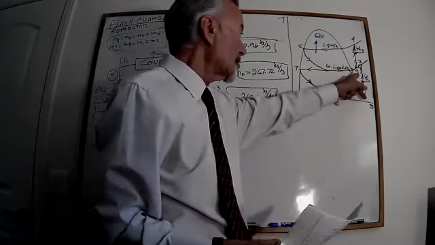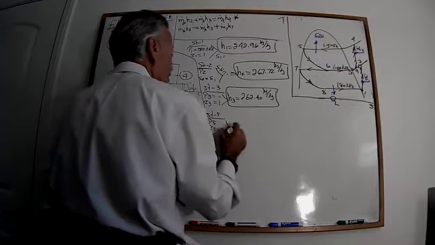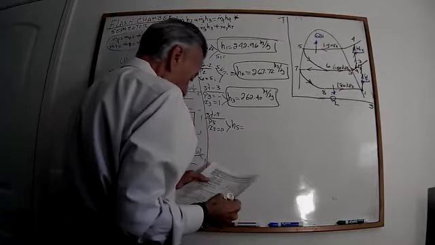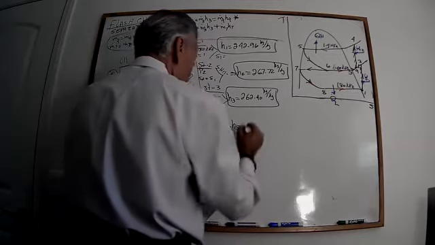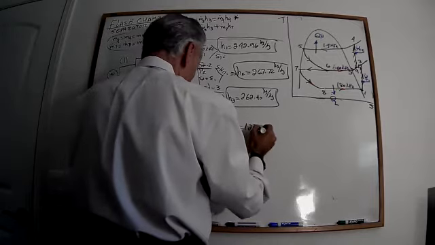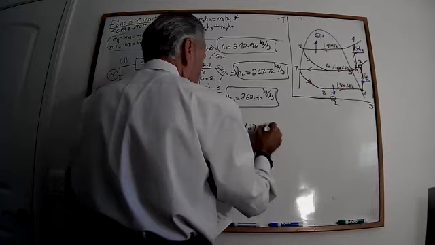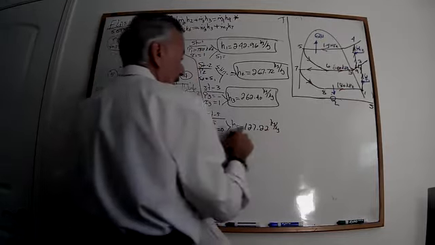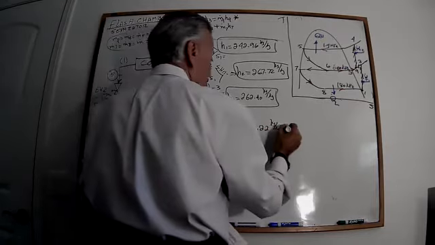I go to state 5. At state 5, I have P5 and X5 being equal to 0. So I can find H5 to be 127.22 kilojoule per kilogram, which is also equal to H6 right here.